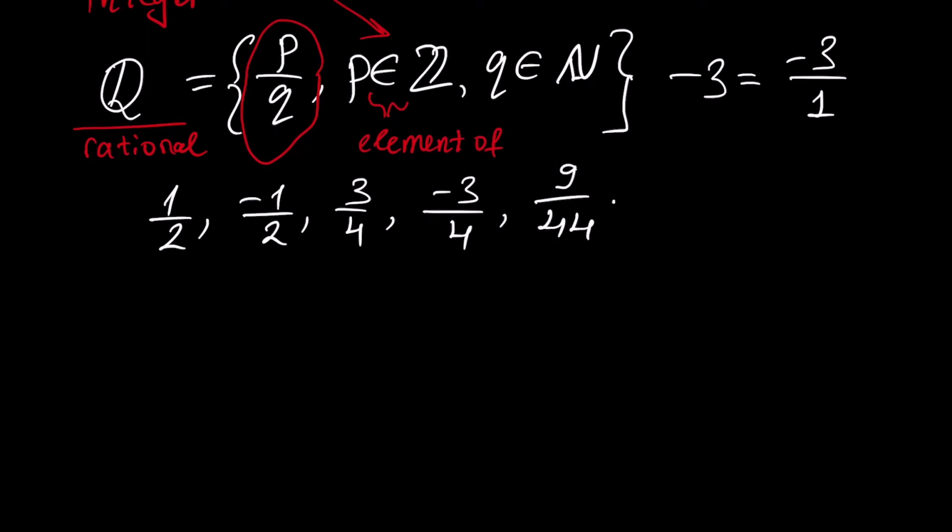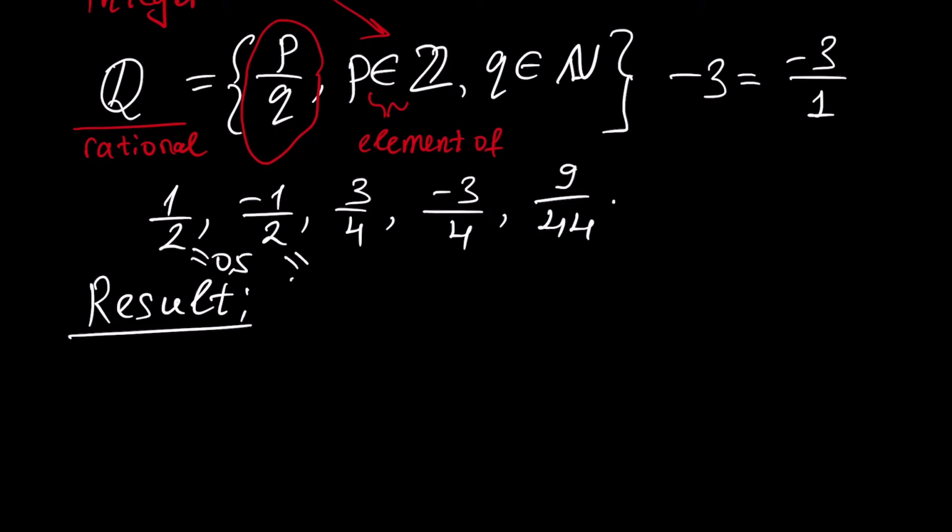We have a very important result for rational numbers. Let's talk about the decimal representation. For example, 1/2 has a decimal representation of 0.5. If you divide using a calculator, 1/2 will be 0.5.